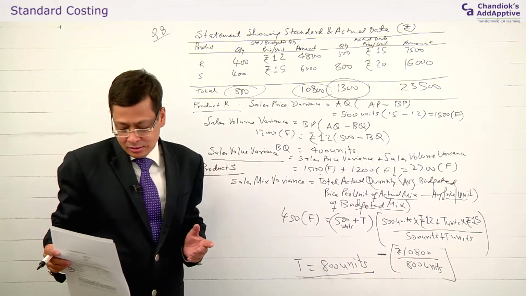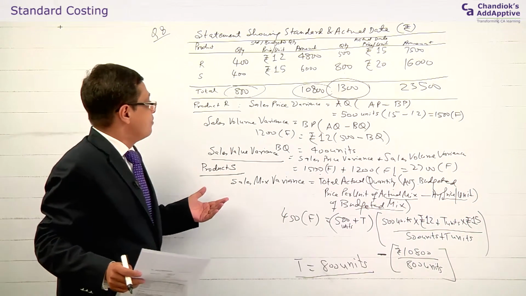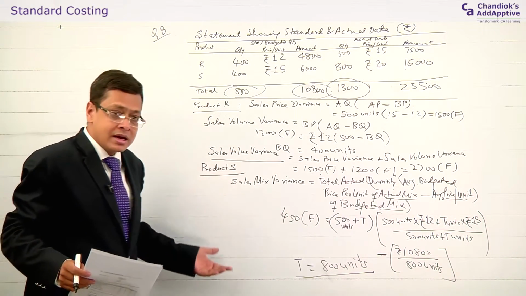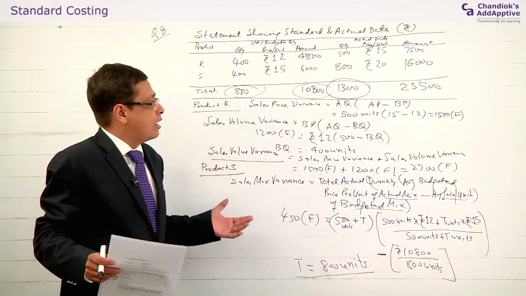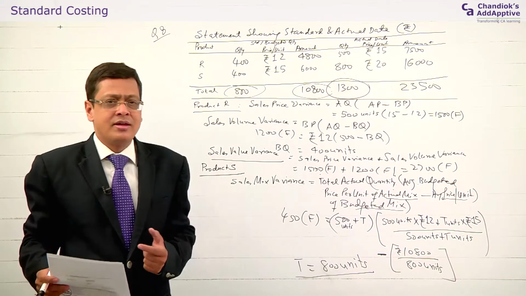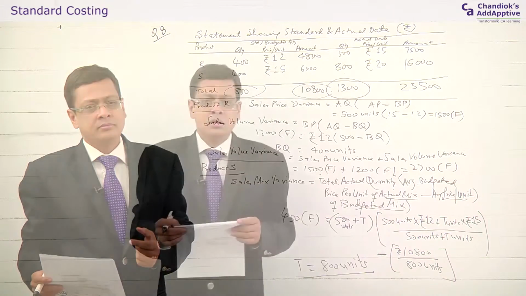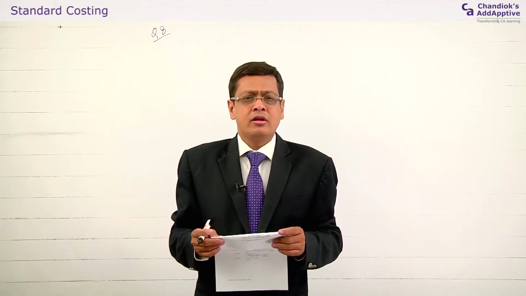So, friend, you have done the part of the solution. Now, I am going to do the calculation of the variances for S. So I rub this board and solve for all the variances of S.